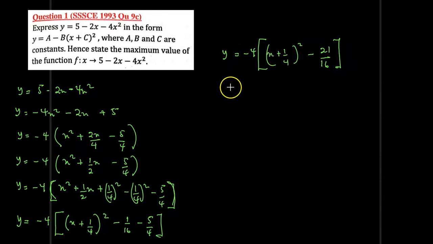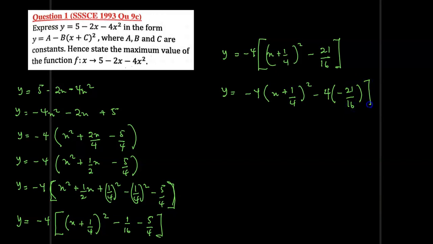And then now we can expand through. y will be equal to negative 4 into bracket x plus 1 on 4 all squared, then minus 4 multiplying minus 21 on 16.